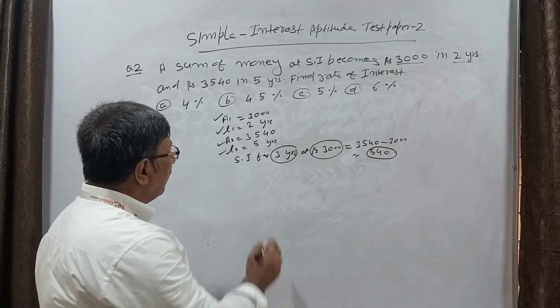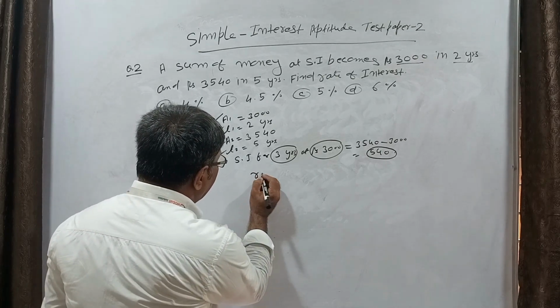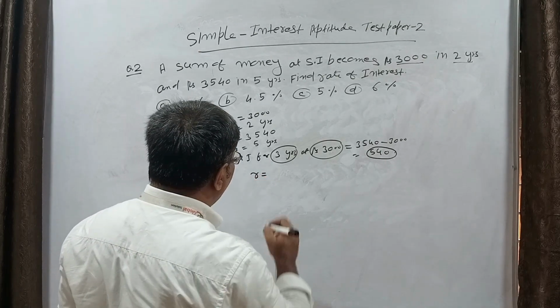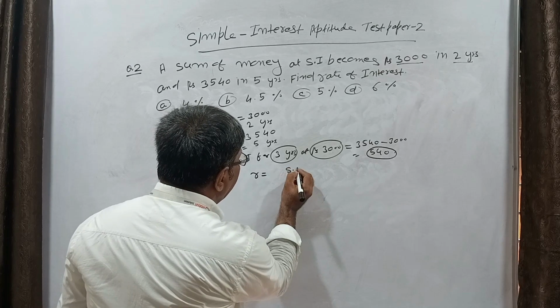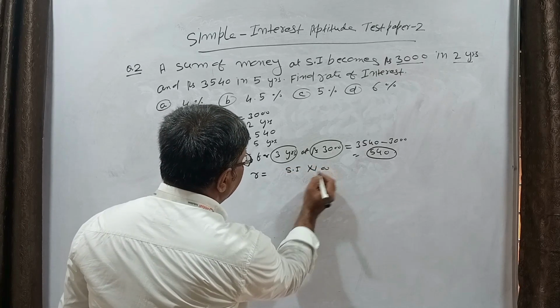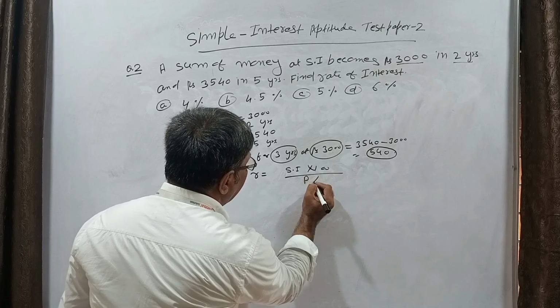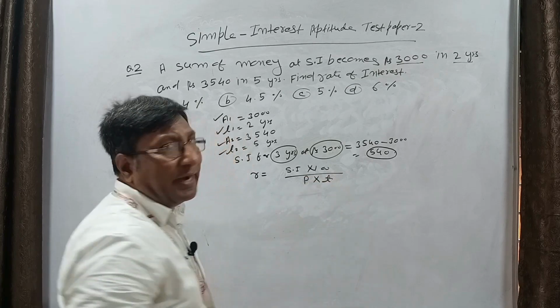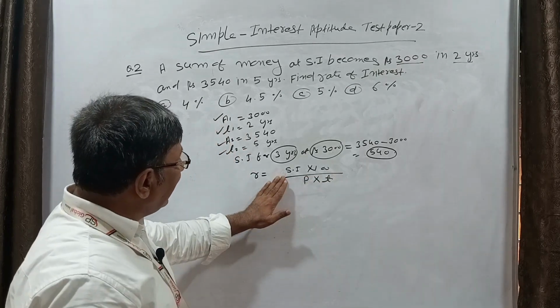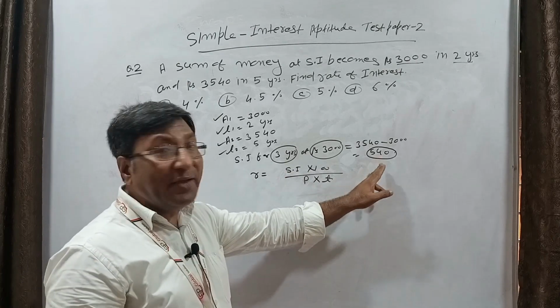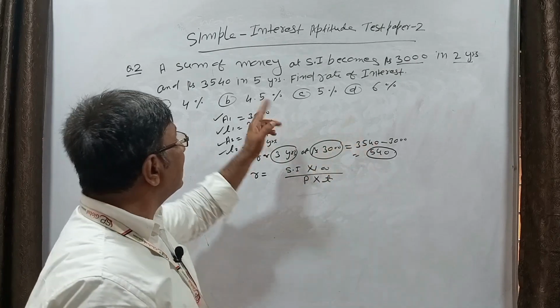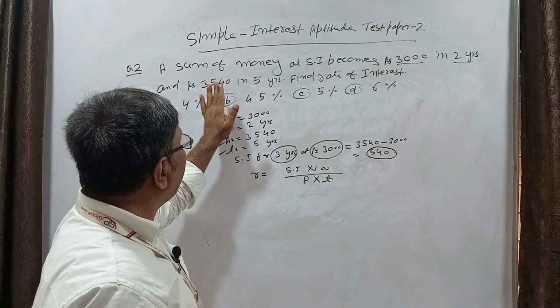So what is the formula for rate of interest? The rate of interest formula is what? Simple interest into 100, divided by what? Principal into time. So here simple interest is given, what? 540, because the gap is between 3000 and 3540.